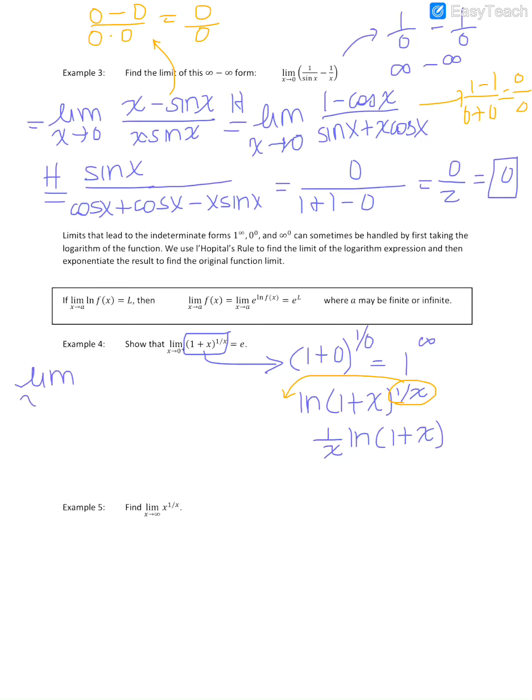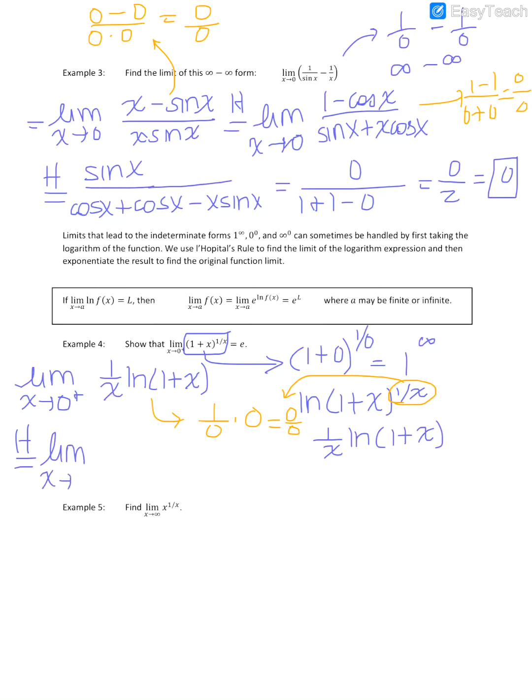We have the limit as x approaches 0 plus of 1 over x, natural log of (1 plus x). The reason why this is good is because now when we evaluate this at 0, we have 1 over 0 times the natural log of 1, which is 0. Well, this is just 0 over 0. So that means I can use L'Hopital's rule.